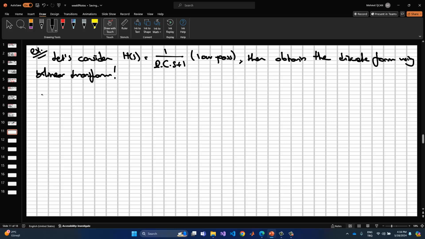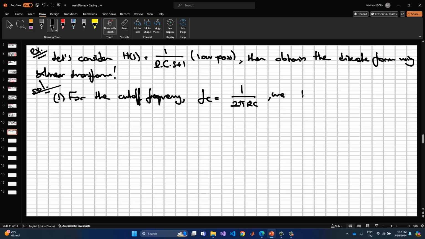Okay? And so the solution is simple. First of all, for the cutoff frequency, fc must be equal to 1 divided by 2 pi RC.